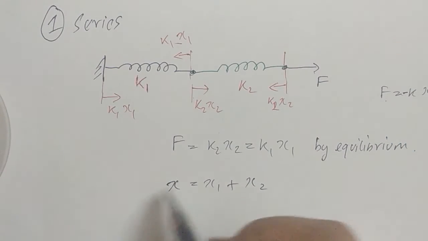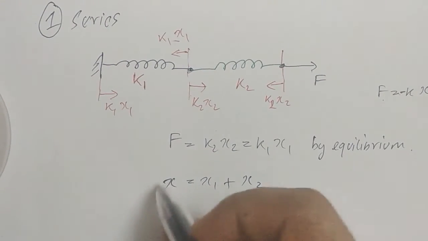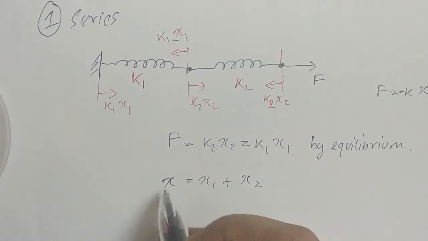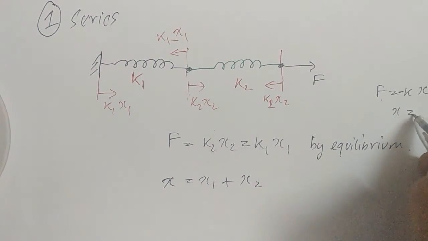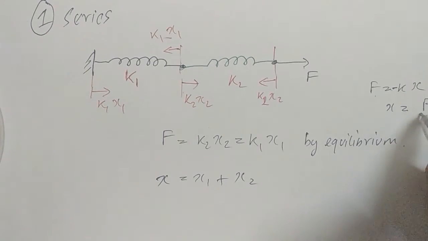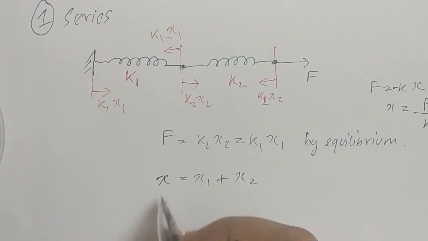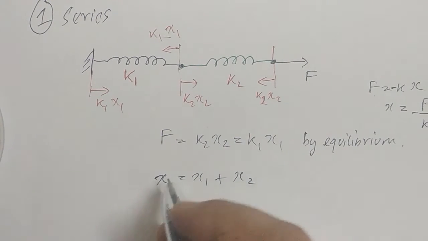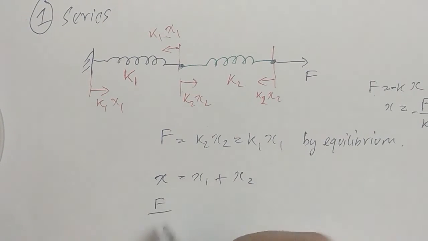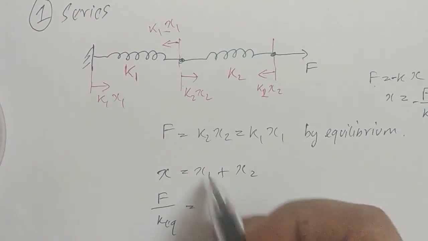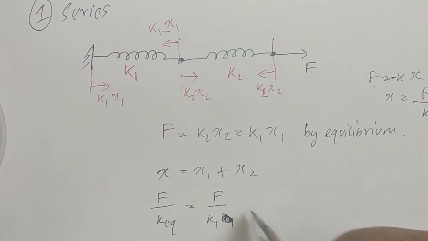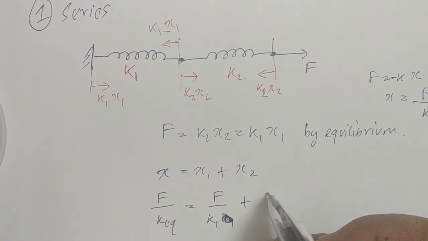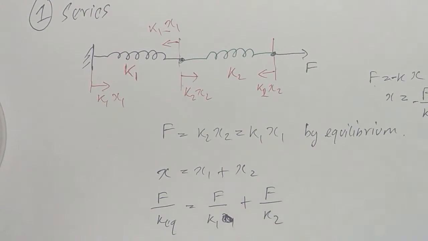Now if this is the total elongation, then x can be written as F by k. So this is the total elongation, which can be written as force per unit K equivalent of both the springs, that is equal to F by K1 plus F by K2.